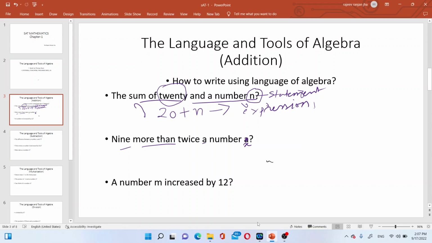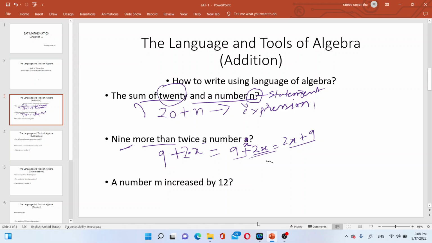So first you say that this part is given, 9, and suppose the number is x, then 2 times of that number, so you will multiply. So this becomes 9 plus 2x. Or if it is a, you can represent it by 9 plus 2a, or 2a plus 9. It is equal to 2x plus 9.